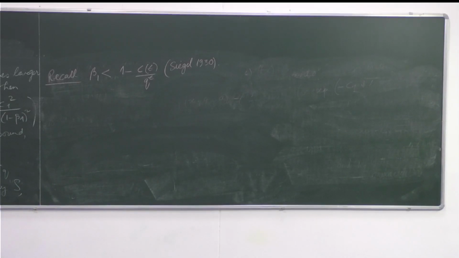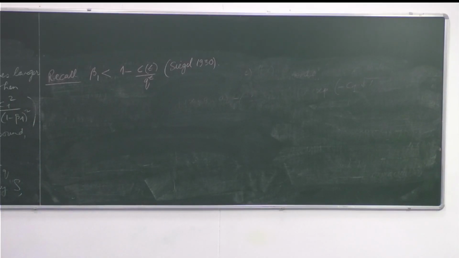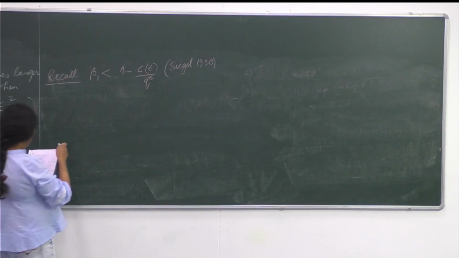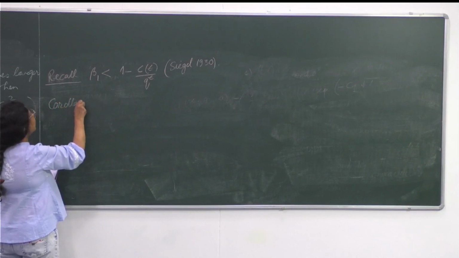All right, and now we will show a corollary, not of Ziegel's theorem. I mean, it uses this, but it comes from the explicit formula. Okay. So corollary of the explicit formula, which I should have given a name to.